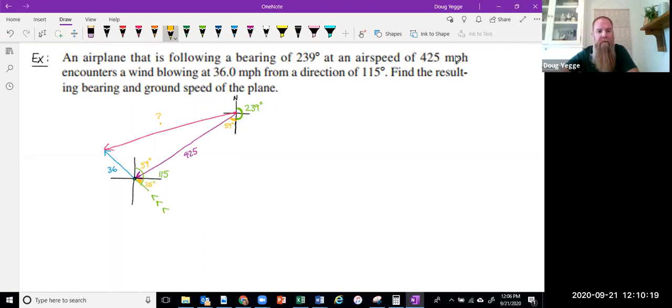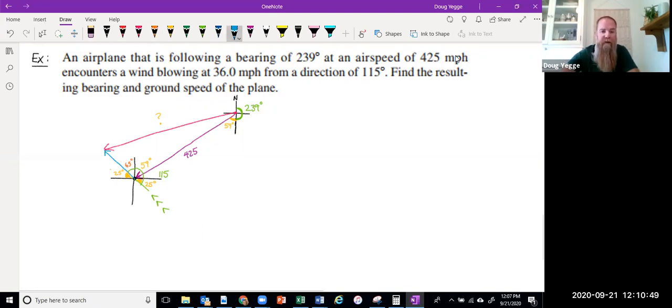Okay. But if that's 25 degrees, then by the vertical angles here, this is also 25 degrees. And if I take that away from 90 degrees, that means that this additional amount is going to be 65 degrees.